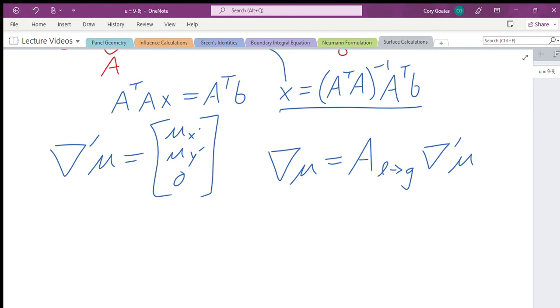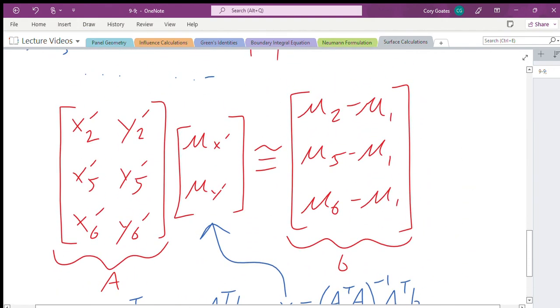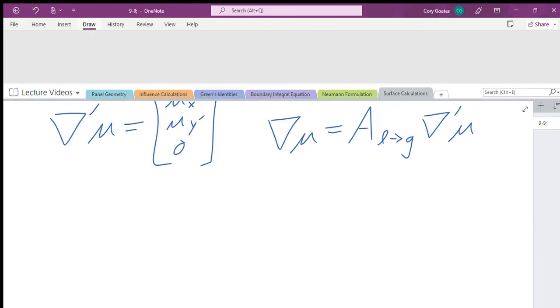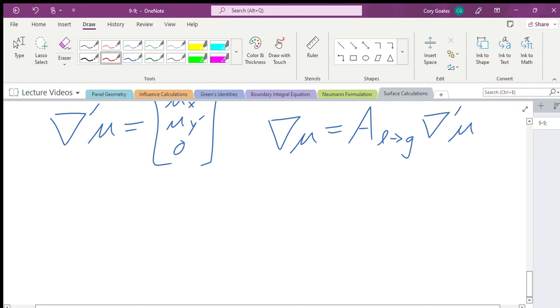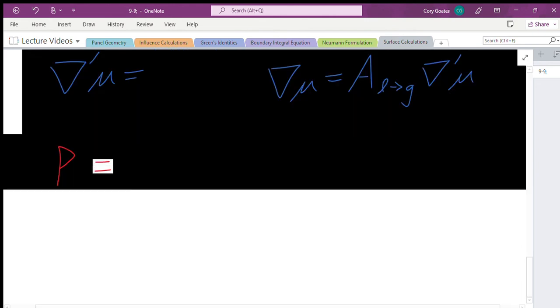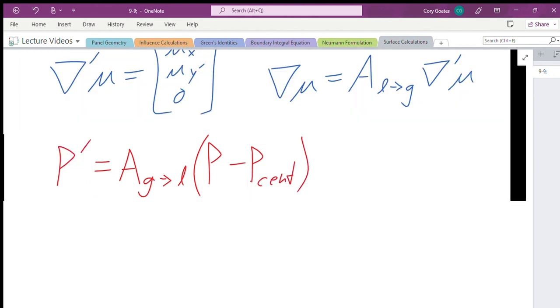I did say that I would explain how to get the neighboring centroid locations in local coordinates. Well, like we talked about in a previous video, if you've got some point that you want in local coordinates, so P prime, that's just equal to A G to L times P in global coordinates minus P centroid, where P centroid is the center of the panel you're looking at.